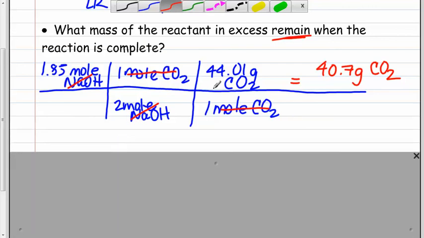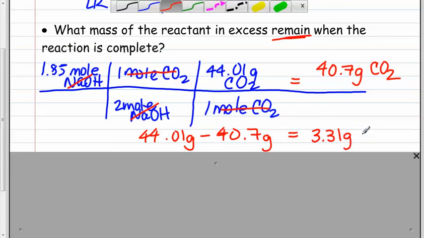Since we started with 1 full mole of carbon dioxide, meaning 44.01 grams, and I used 40.7 grams, it means I have a remainder of 3.31 grams of carbon dioxide gas.